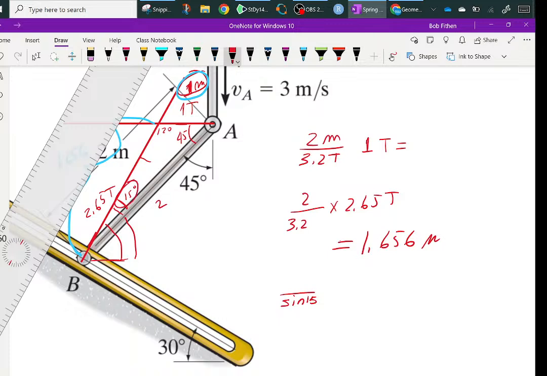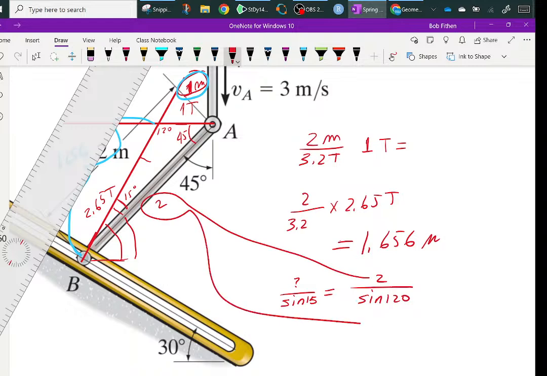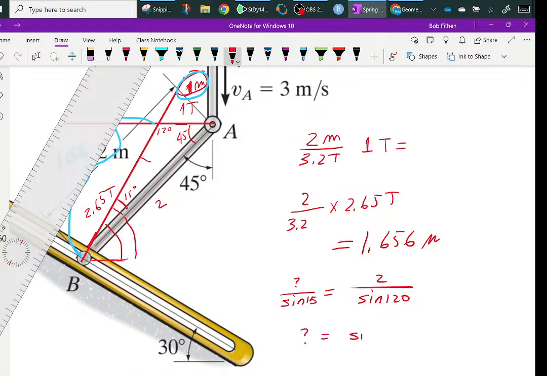I'm going to take sine of 15 over this one, and say question mark is equal to the sine of 120 over 2. I'm taking the 2 here, taking the 120 because it's right there. And so the length here is going to be sine of 15 times 2 over sine of 120.